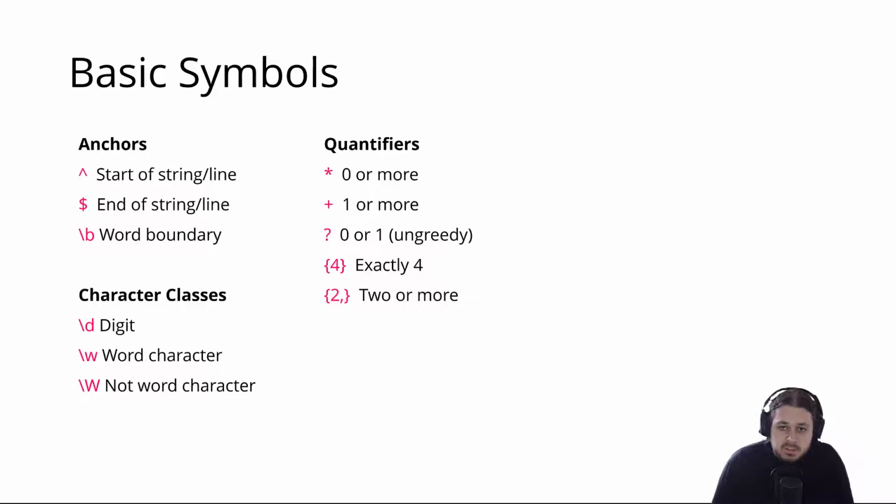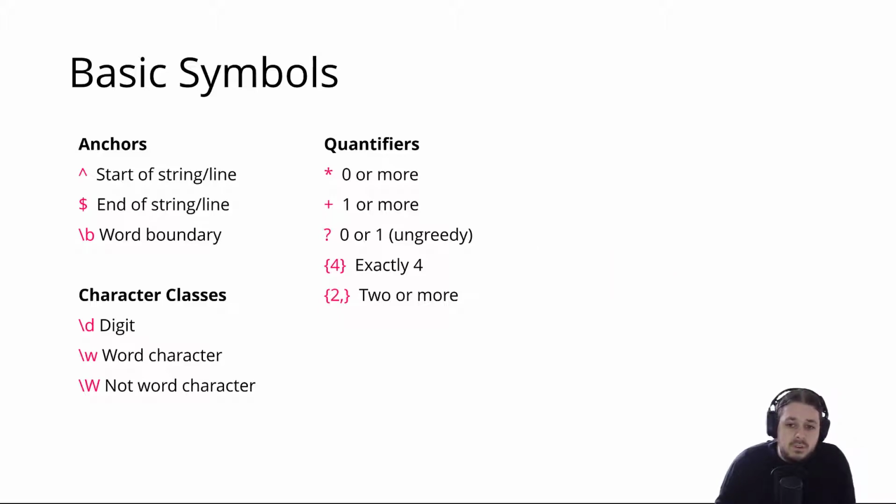Now we also have quantifiers. So we can do things like look for that particular letter, for example, but multiple times. And the most common ones here are the star for 0 or more. So let's say a star would be everything between 0 and unlimited a's, plus would be 1 or more a's. And then there is the question mark, and that's a very important one.